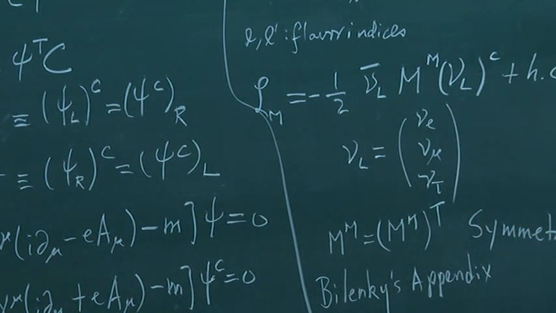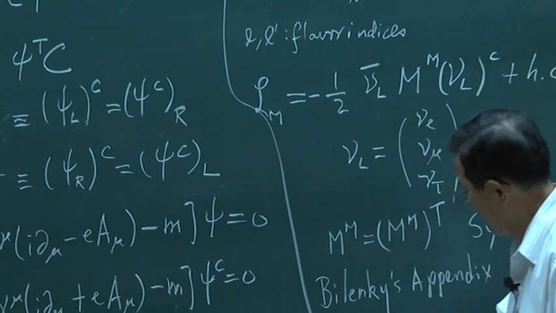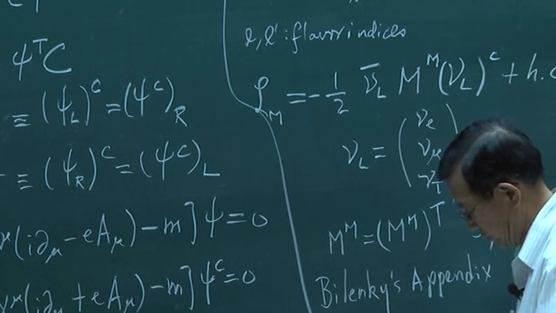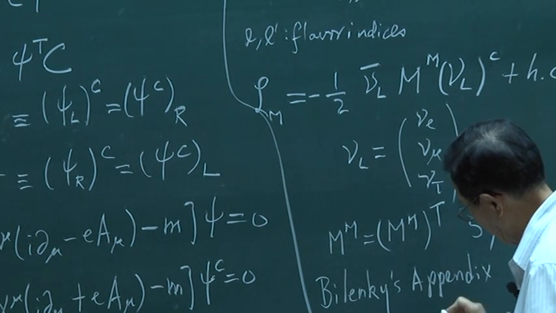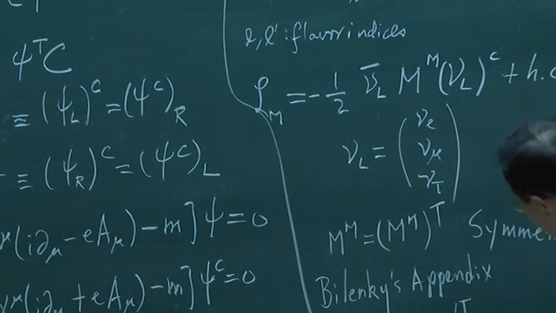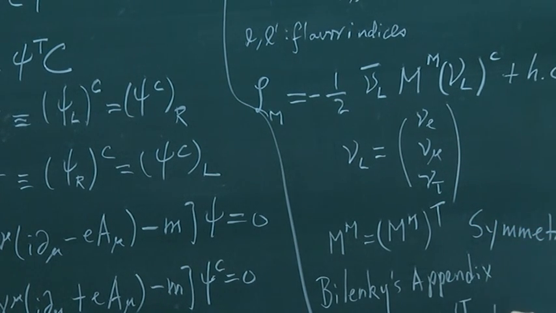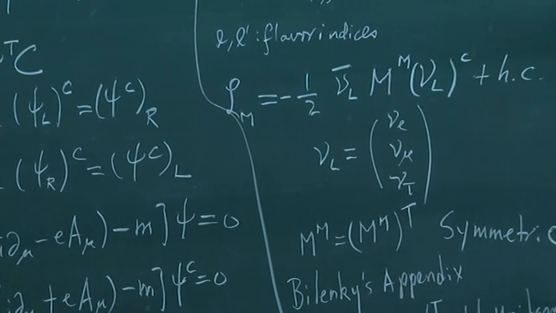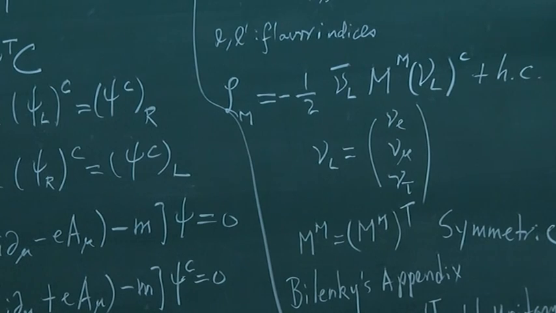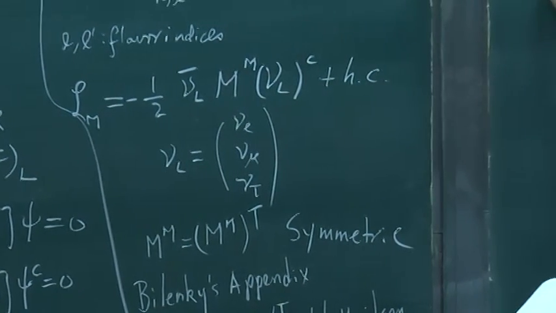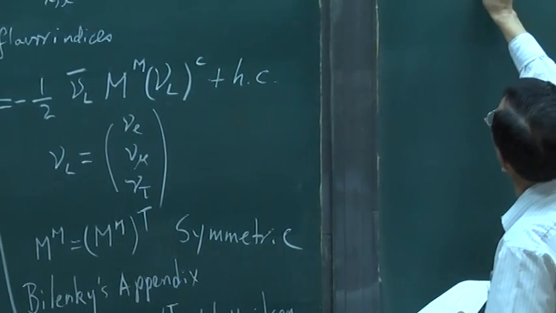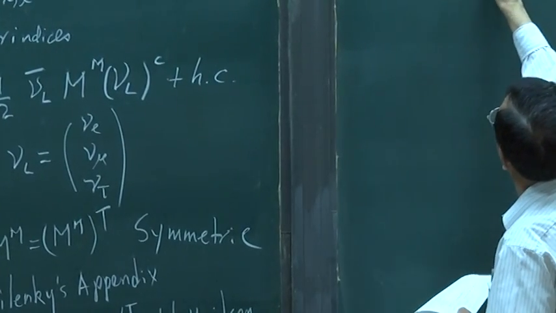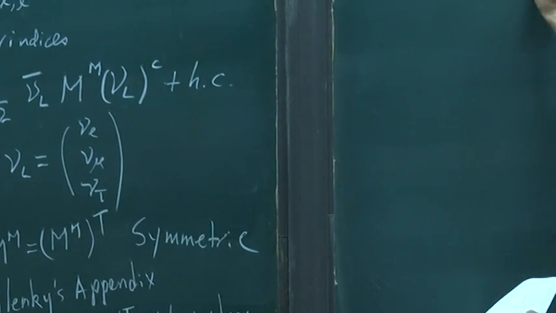It shows you how to diagonalize such a matrix: M equals U m U transpose, where U is a unitary matrix and m is diagonal, m i k equals m i delta i k, and m i is bigger than 0.